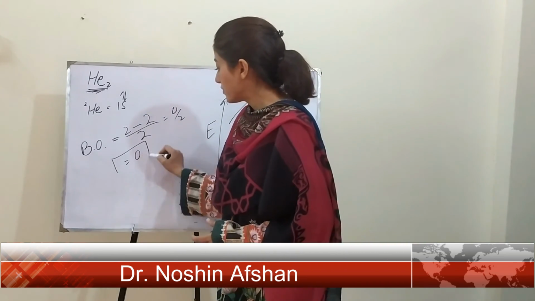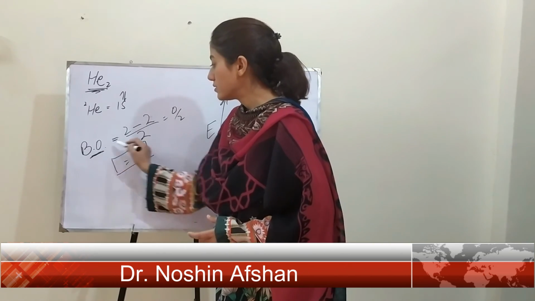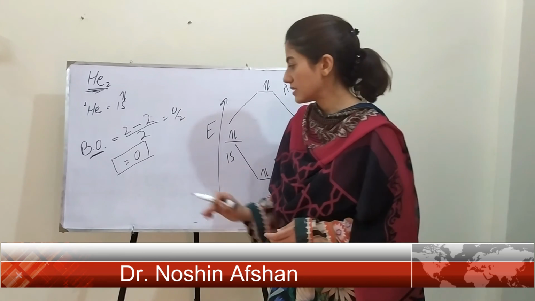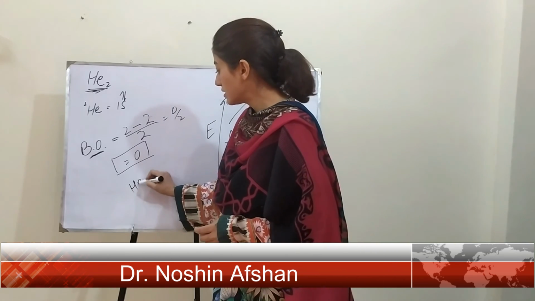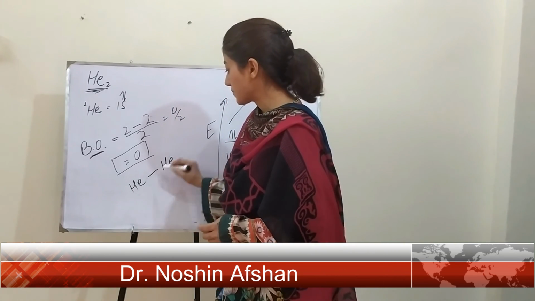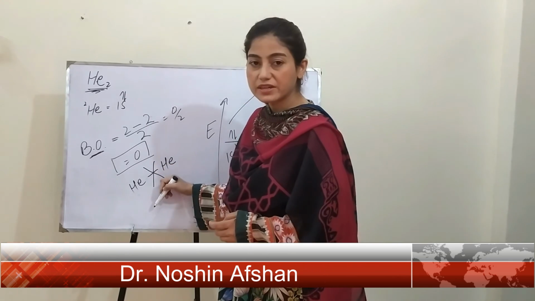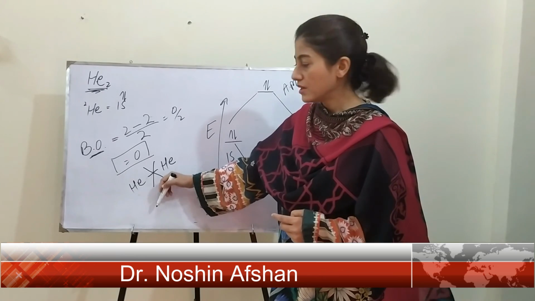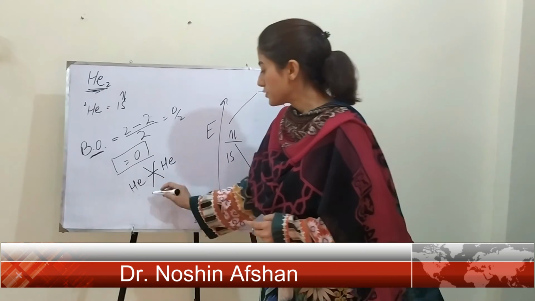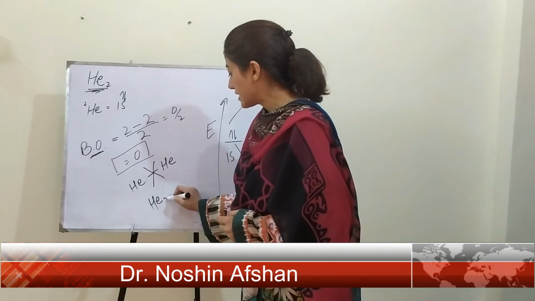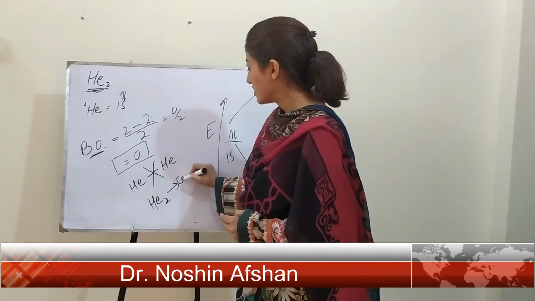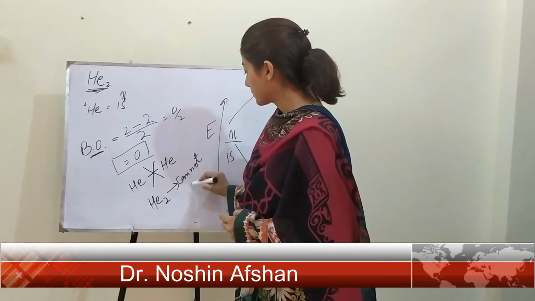So this value of the bond order determines that there are no attractive forces exist between helium atoms. There are no attractive forces, that means there is no bond formation between helium atoms. So owing to that reason, the helium molecule cannot exist.